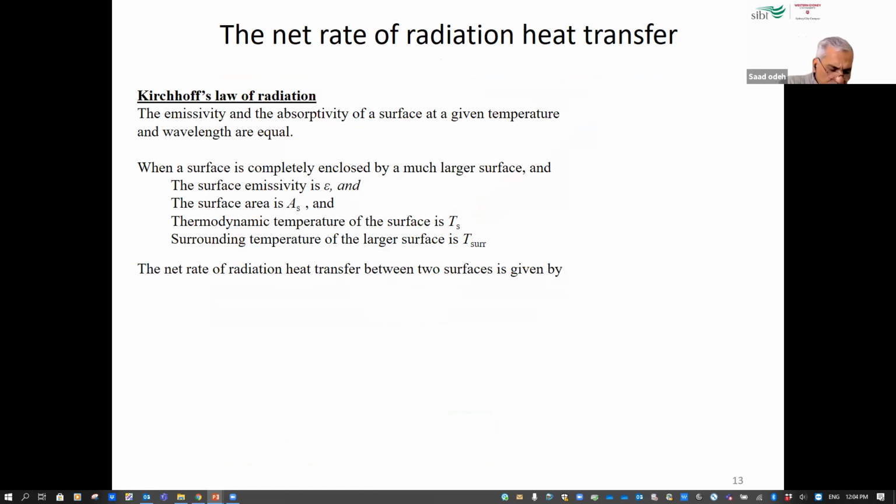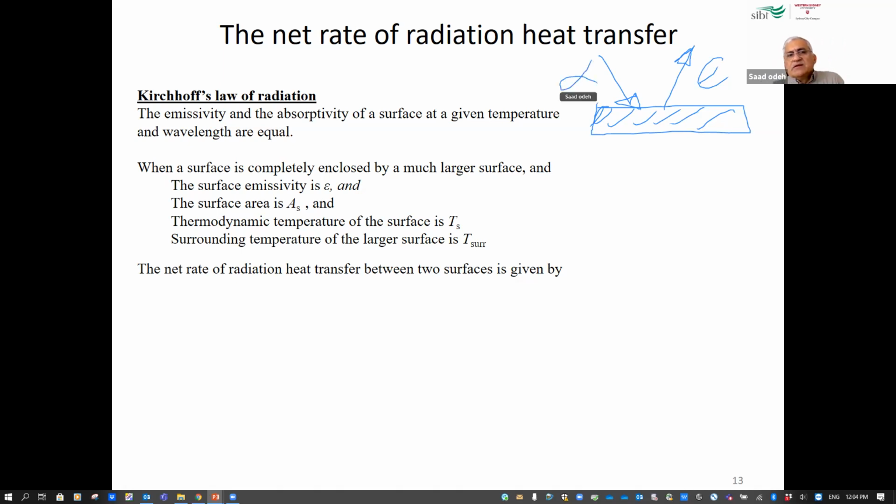So the amount of radiation absorbed by a surface is equal to the amount of radiation emitted by the surface. Okay, so we give this as epsilon, emissivity, and this one is absorptivity, alpha. So both of them are equal.